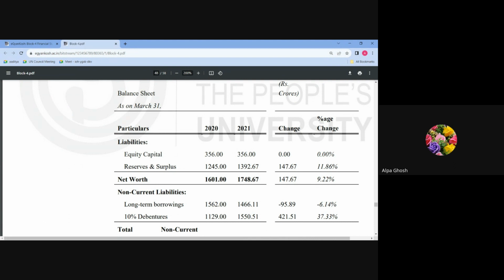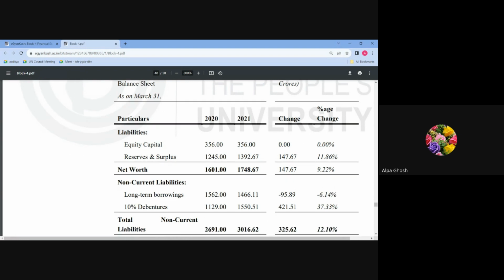So you see here on the screen, the first column is particulars. The second column is previous year and the next column is current year. Again, I repeat, the first column is previous year and the second column is current year.